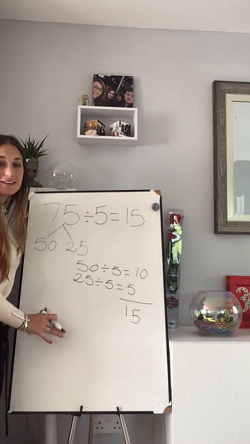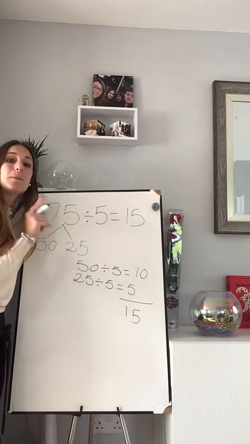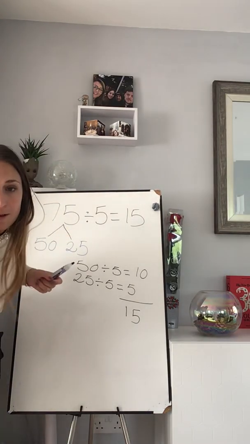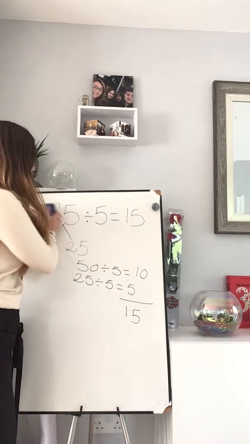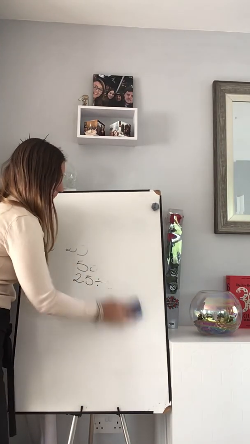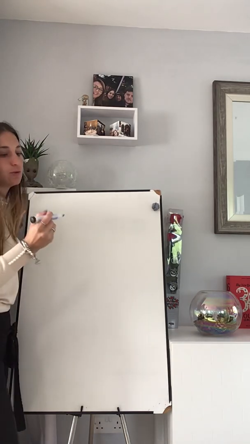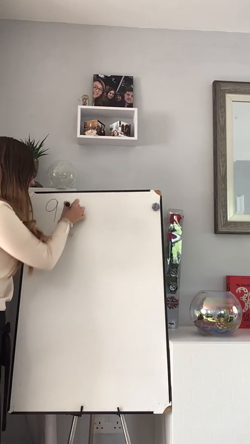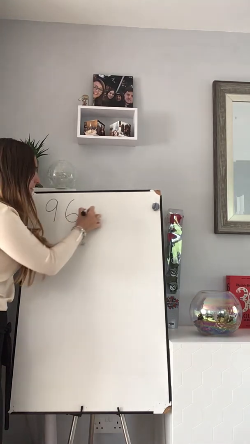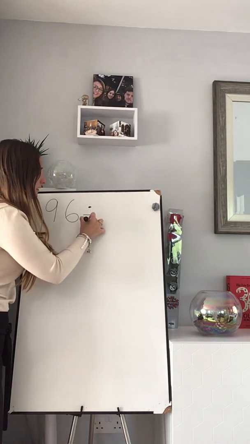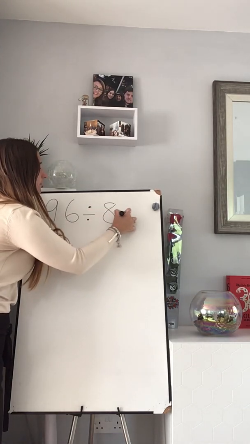Okay, so I'm going to write the ones that I want you to do. Pause it, and then just play it again so you can correct it, alright? Right, get ready. The first one that I want you to do is 96 divided by 8.